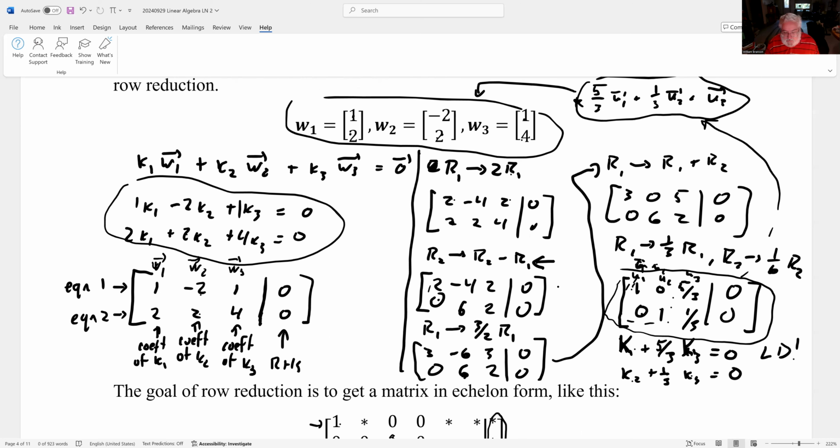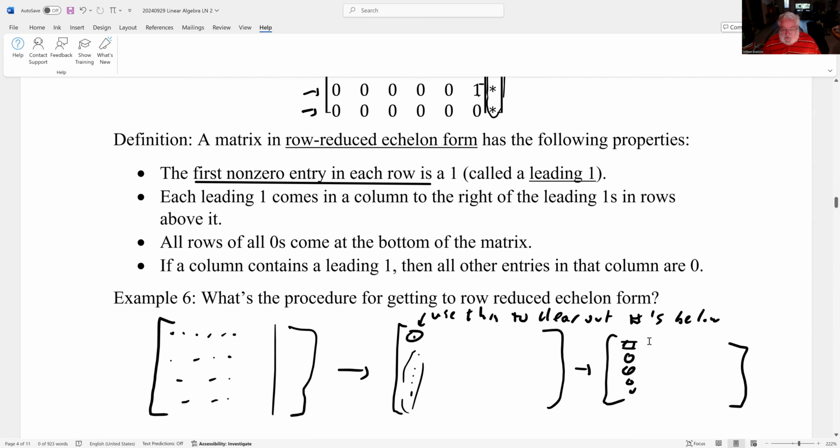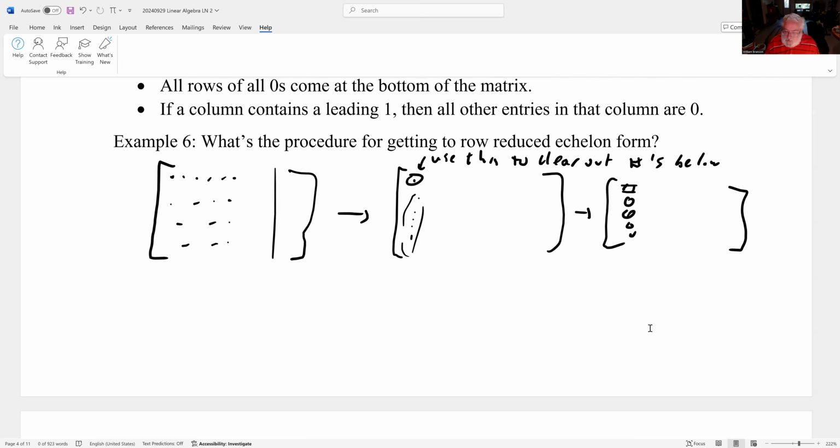What's the next thing we do? Well, we want to use this number to clear out things in the column and make them 0. So now we've got a number and a bunch of zeros here. And we take this number here, whatever that is, and use that to clear out whatever's here, here, here, and here.